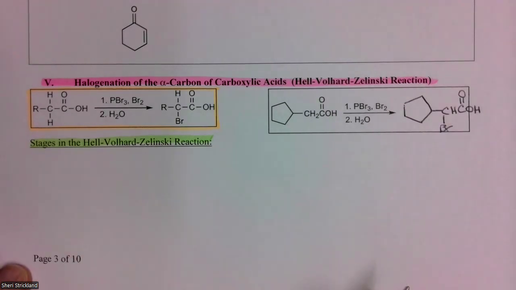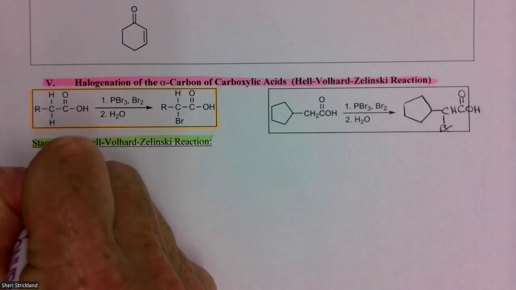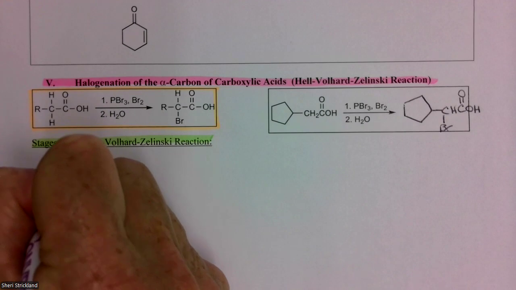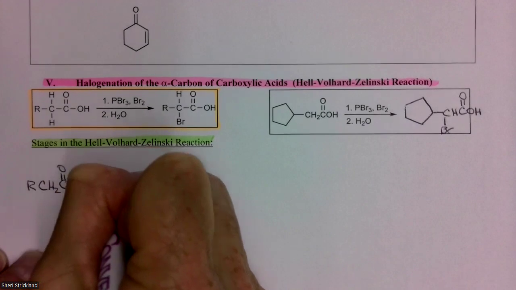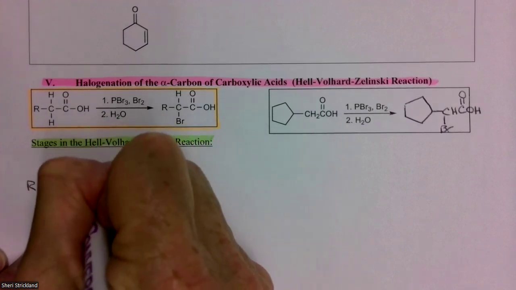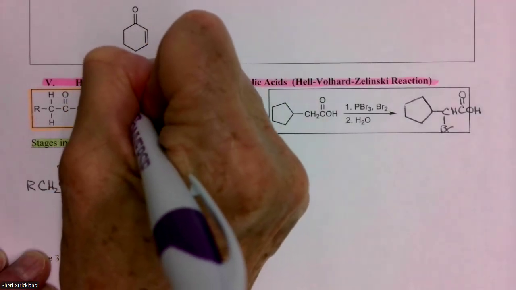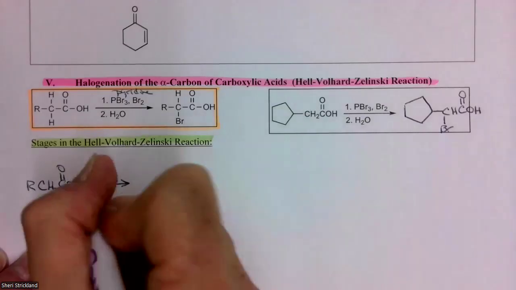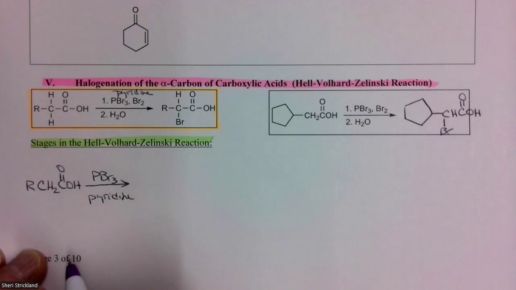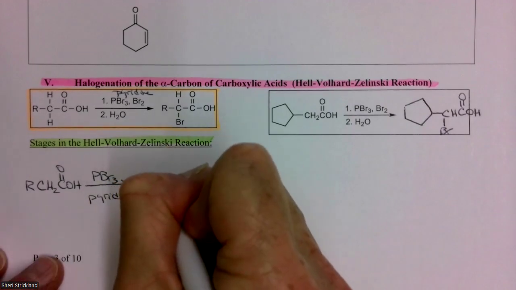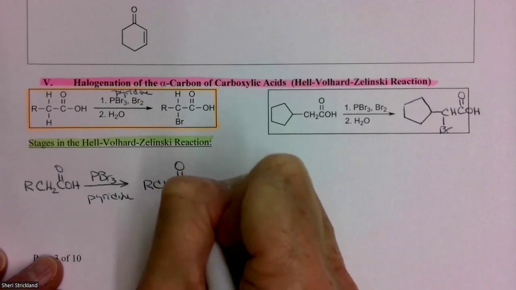And so we're not going to talk about the entire mechanism. You could do it because we've done the pieces of it before. In the first stage, the carboxylic acid, let's add pyridine up here. If you have PBr3 and pyridine, you can convert a carboxylic acid to the corresponding acyl bromide.